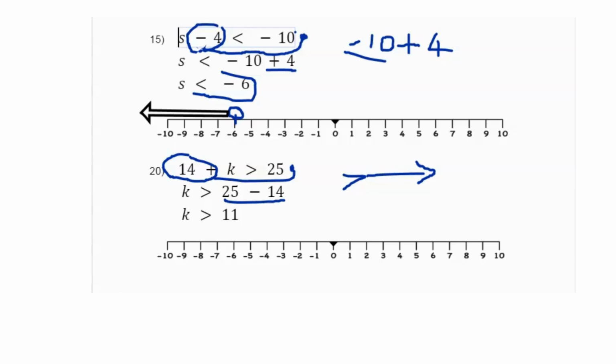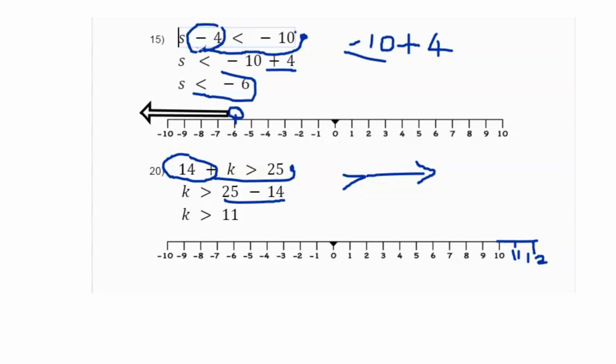Now we're going to look for 11, but we don't have 11 here. So I'm going to add 11. This is 11. And probably you have 12, 13, if you want to.